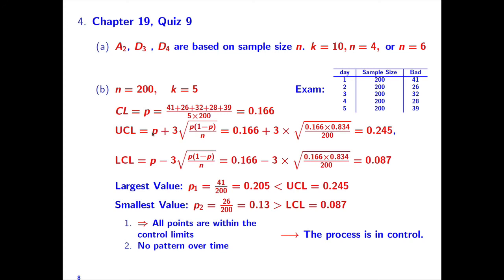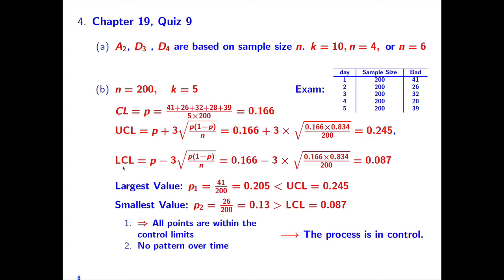So you get 0.166. Now, the upper control limit is p plus 3 times the square root of p times 1 minus p over n, which is 0.166 plus 3 times the square root of 0.166 times 0.834 over 200, and that will give you 0.245.